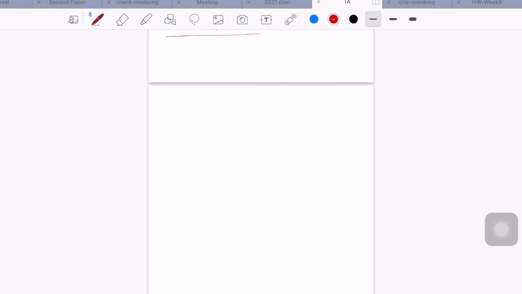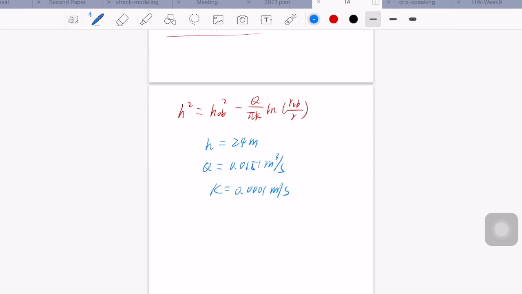So H squared equals HOB squared minus Q divided by pi times K times the natural log of RB divided by R. We know H equals 24 meters, Q equals 0.0151 cubic meters per second, and K equals 0.0001 meters per second.